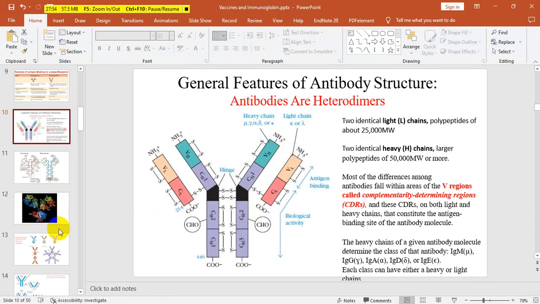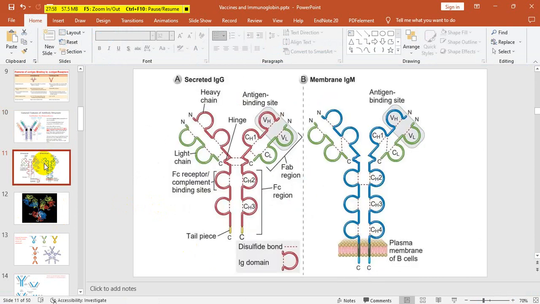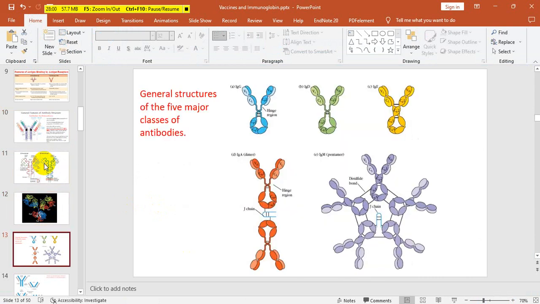Okay, so let's continue. These are the types of immunoglobulin. We have immunoglobulin G, which is the most abundant, following the GAMED order. Immunoglobulin E is for allergic reactions. Immunoglobulin A is a dimer, meaning 2.